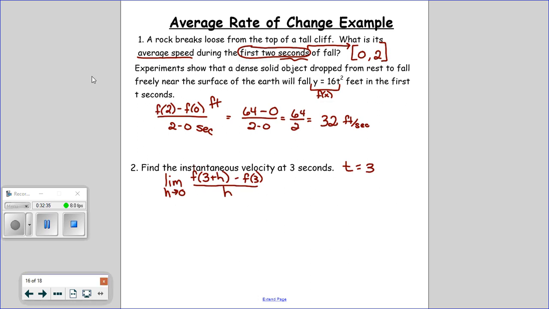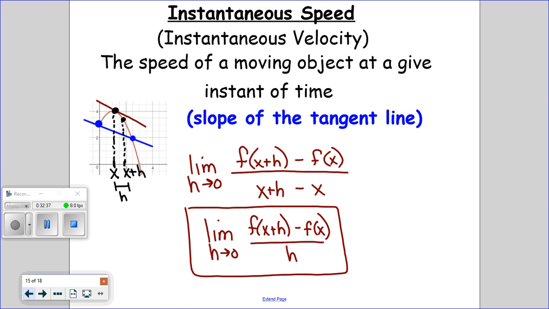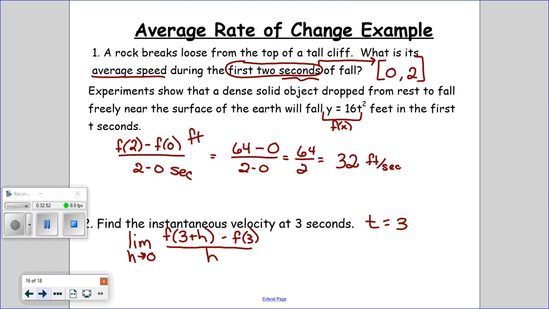I'm going to flip back to this page real quick here. The x's are where you get to actually put in values. The h's will stay h's as you do this. So when you're given that instantaneous velocity question and they tell you your time, that's the number you put in there. But we're actually going to plug those into the function.